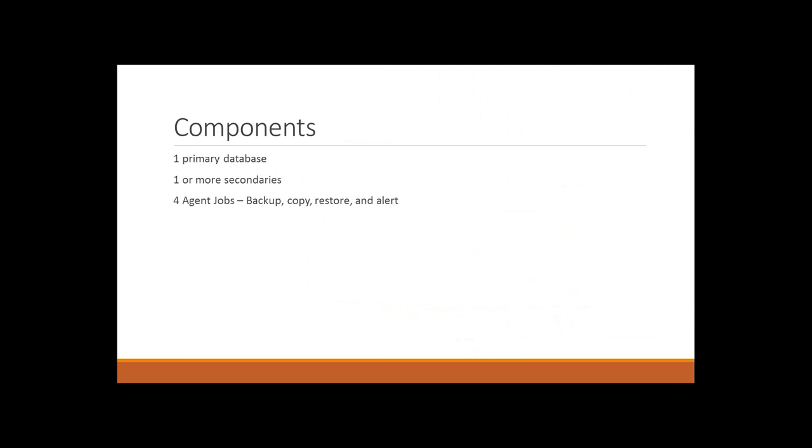The restore job is actually going to apply those logs to the database. And alert, well, you're going to know if it hasn't been able to restore, or if files haven't been copied, etc. on the secondary. So you'll find an alert job on both servers. You'll find the backup on the primary, and then copy and restore on the secondary.